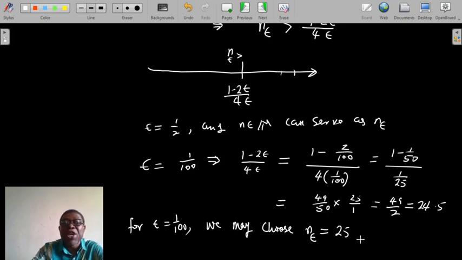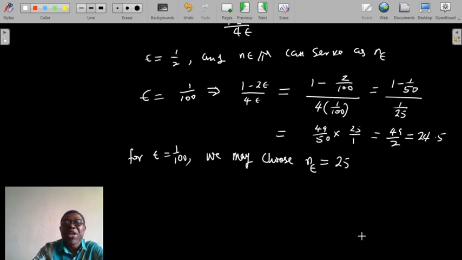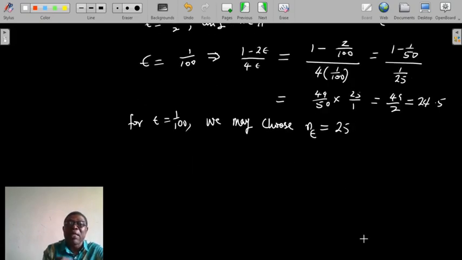How do we check this? What we are trying to check is this. Our epsilon is 1 over 100. So let us do half minus 1 over 100. If we do half minus 1 over 100, you will observe that this is like half minus epsilon, when epsilon equals 1 over 100.